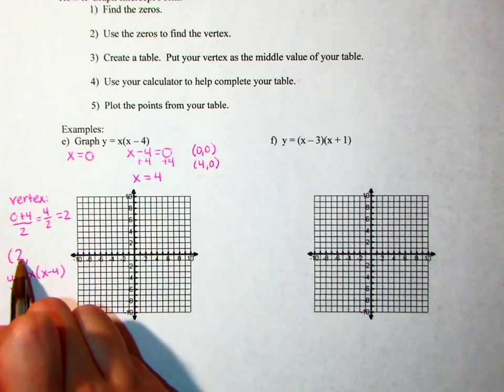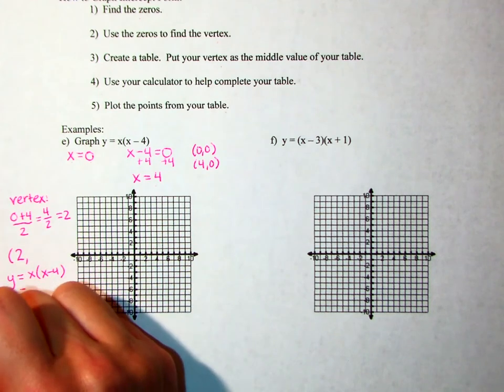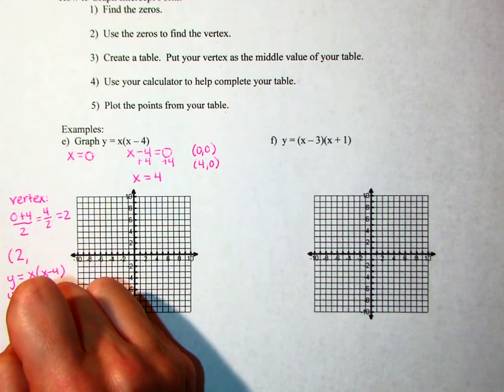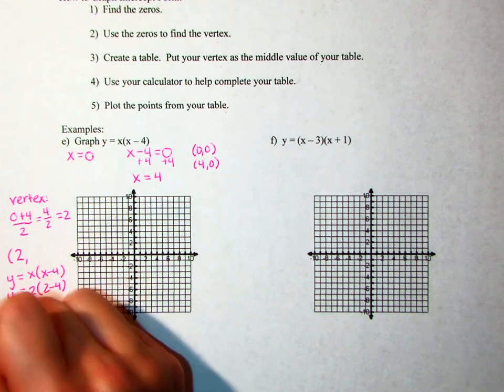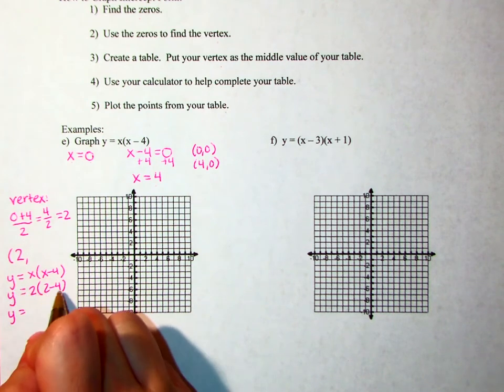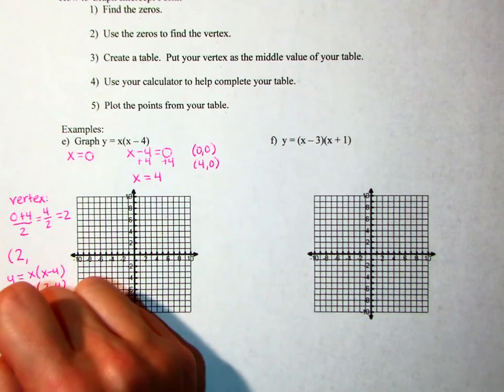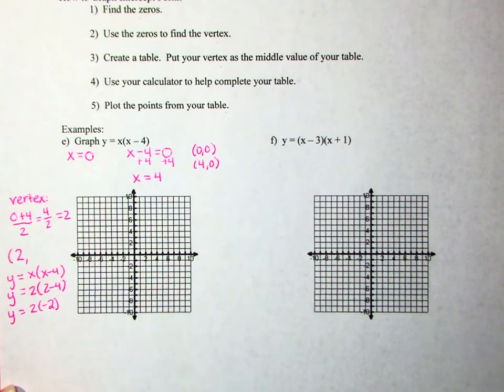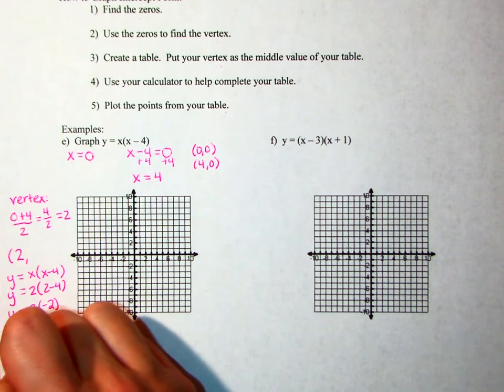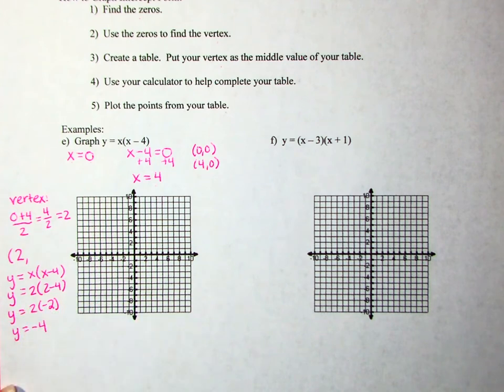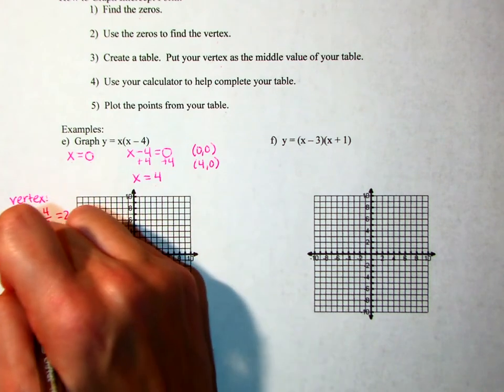Now that we know x is 2 for our vertex, y equals 2 times 2 minus 4. 2 minus 4 is negative 2, so 2 times negative 2 means y is negative 4. So when x is 2, y is negative 4.